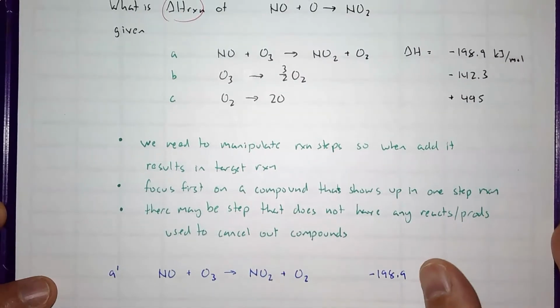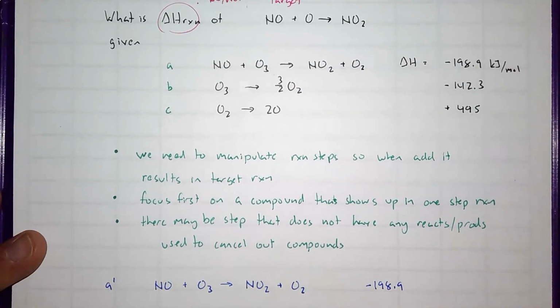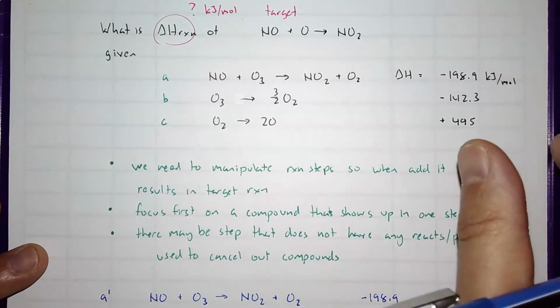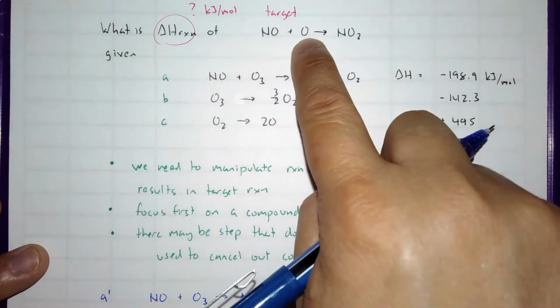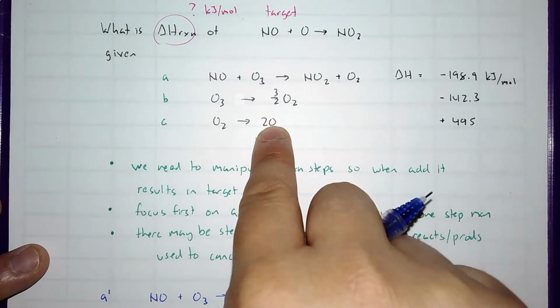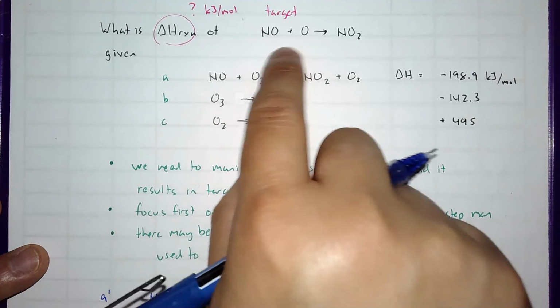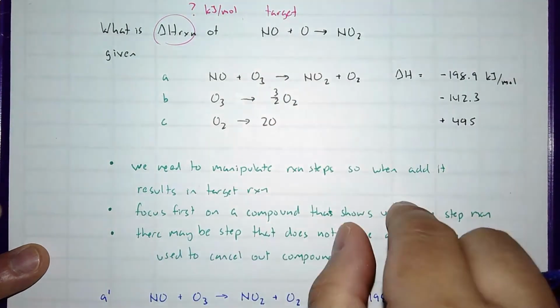Is there any other reactant or product that shows up in only one of the step reactions? There's an O right there. See, this O3 and O2 for reaction B is not anywhere in the target.